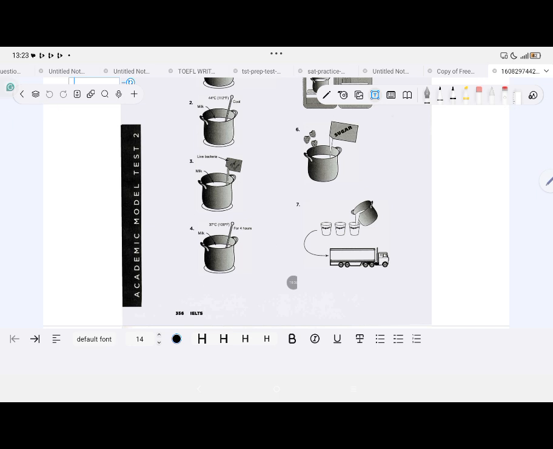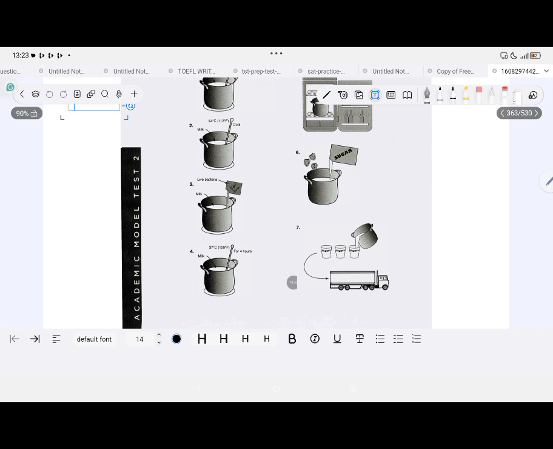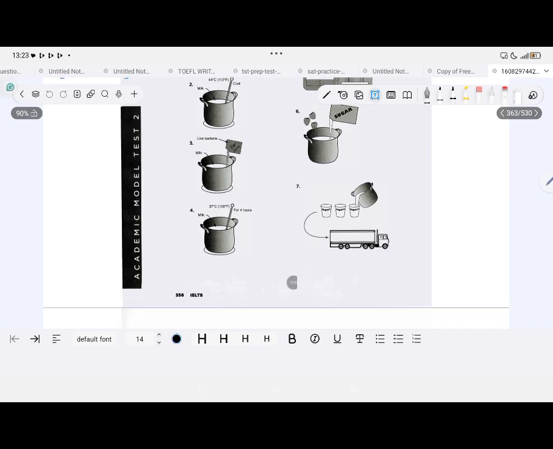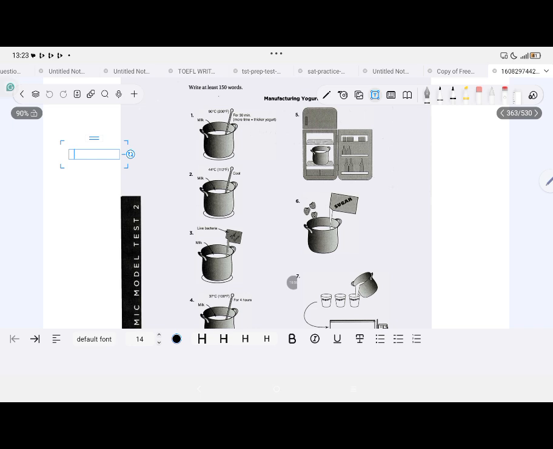When it's at 37 degrees centigrade, which is 100 degrees Fahrenheit, you put it in the fridge. This is a fridge, not a freezer. It's not specifically mentioned how long it should be in the fridge for. So let's refrain from saying anything about that.